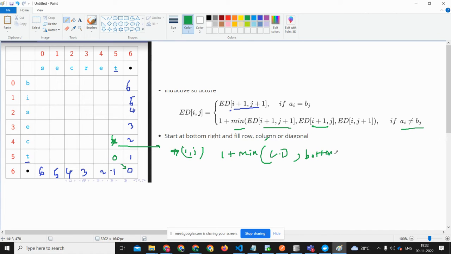So the bottom one, right? Bottom, all right. And this is nothing but the right, whatever value you have on the right. So you should take the minimum of the three. So what is the minimum of the three? 0. 0, right? And add 1 to it. 1. So we are supposed to fill 1, all right? So we are filling 1 in that.